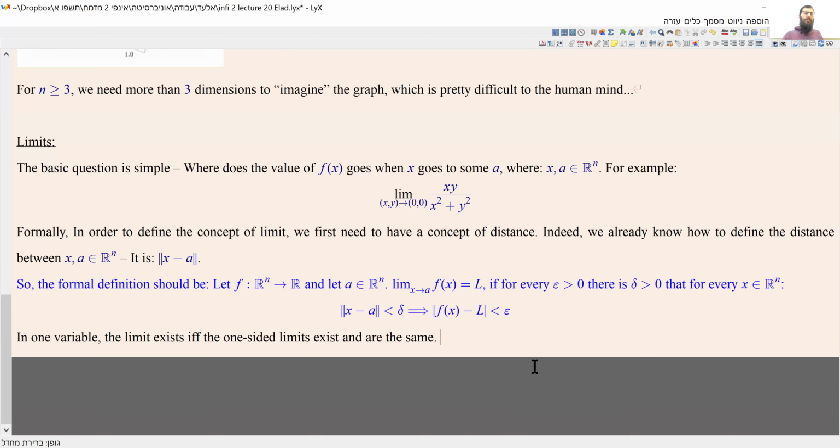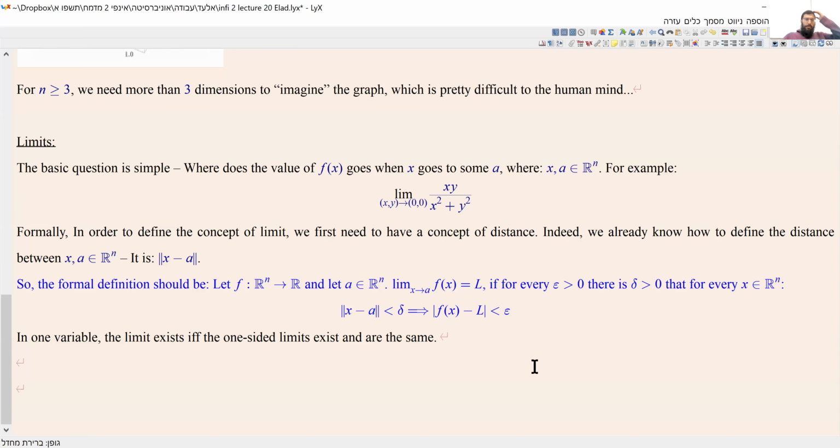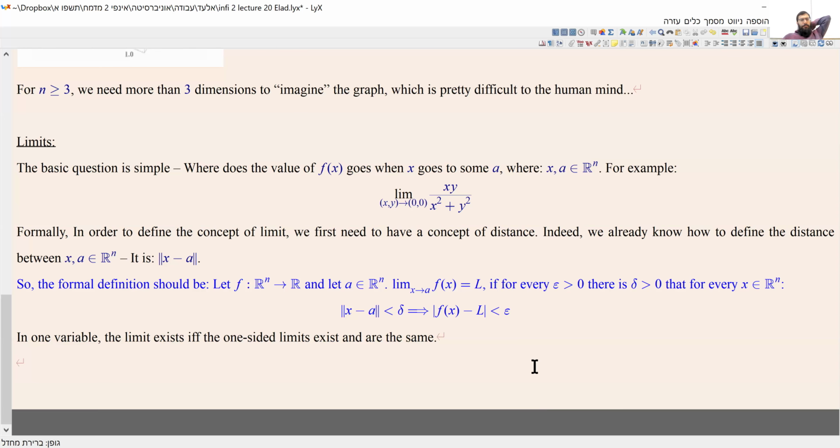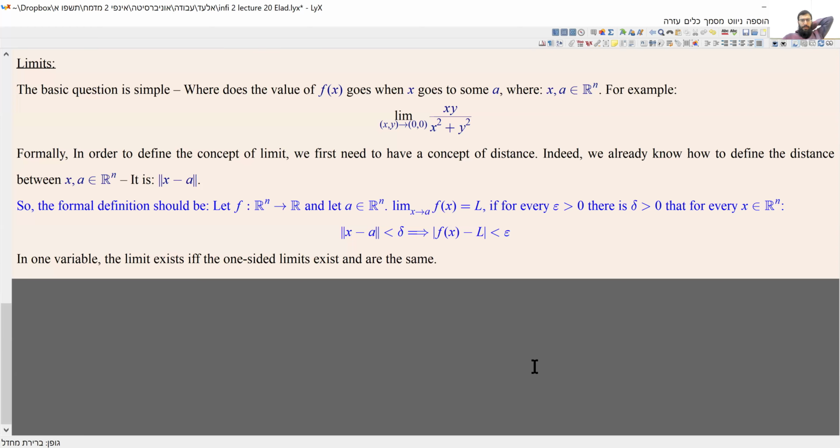Now, I want to put it in other words. At first look, it will seem like overdoing it, exaggerated, but I want to generalize it to more variables, and then it will make sense. We can draw it if we want, because it's very simple.